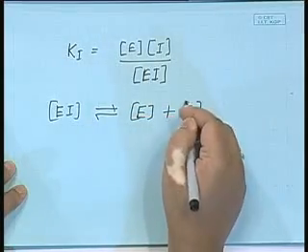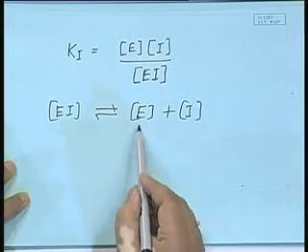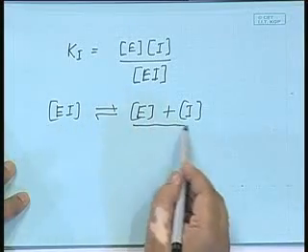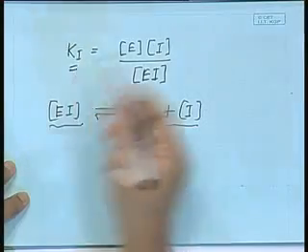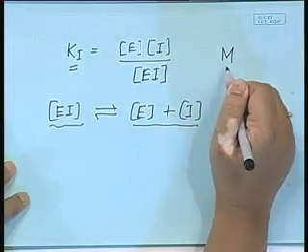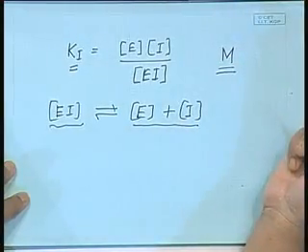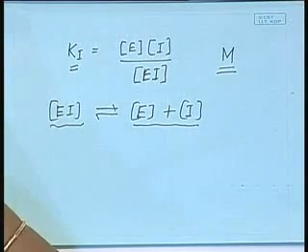Actually I don't have to put the concentration brackets in there. So what is my Ki? It is the product of this and this. What is the unit for Ki? A molar unit, right? Okay.